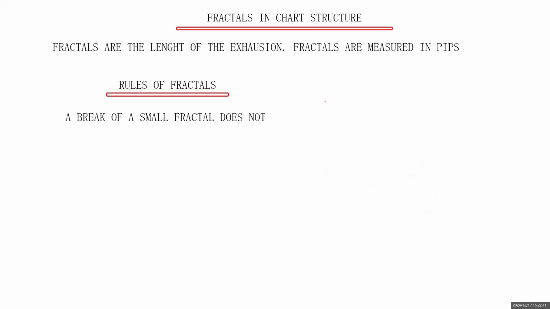Now, what are the rules of these fractals? Fractals have two very important rules. The first rule states that a break of a small fractal does not affect the big fractal. Let me show you an example of that.